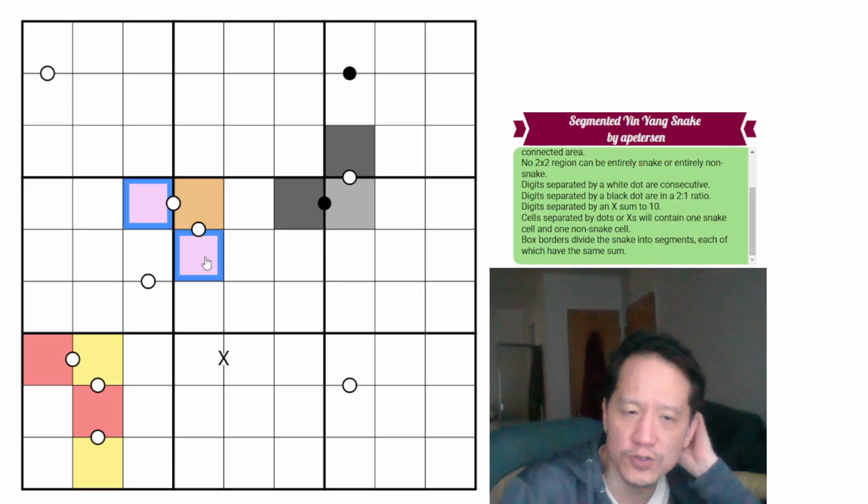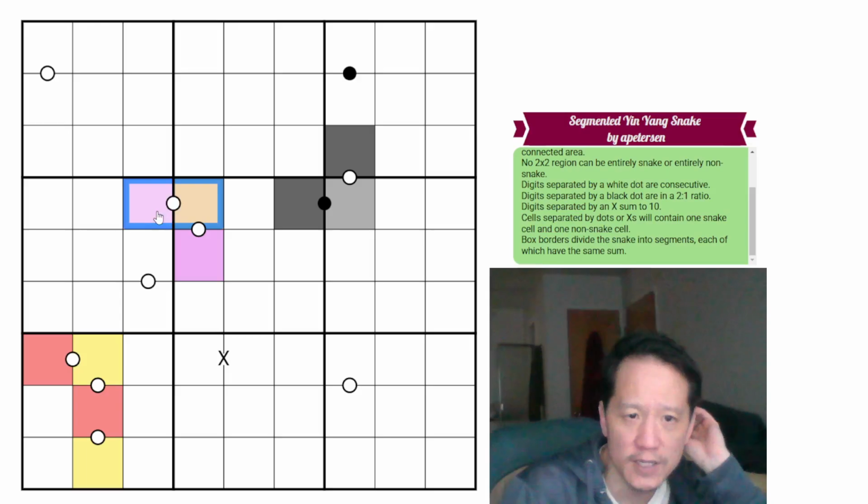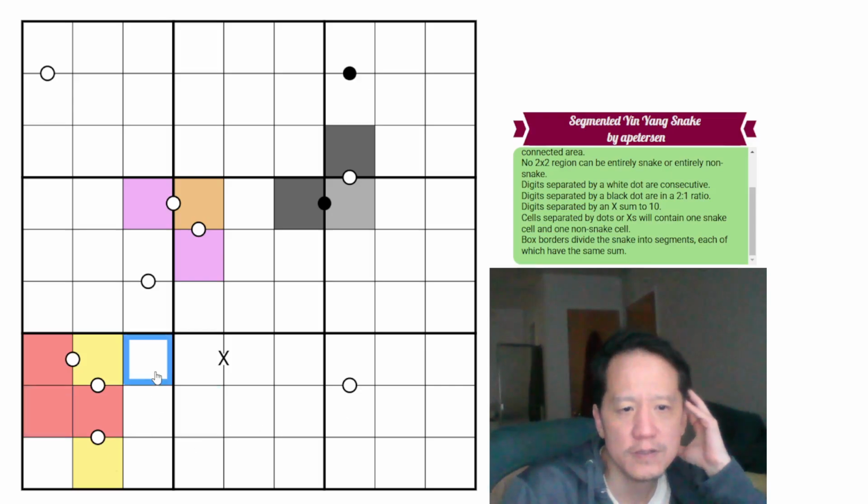Well, what happens if this is the same set as this? The problem is this essentially has to eventually connect somehow to here, and that would necessarily block this from orthogonally connecting to this cell. So that's how you know that in yin-yang puzzles, you cannot have a pattern where these two are the same set and then these two are the same set also. If you have two diagonally connected and you have one that's opposite, you know that the fourth cell in that 2 by 2 area has to be the same as the two that are diagonally the same here. So therefore we know this cannot be yellow, it has to be red. This cannot be orange, so it must be pink, which makes this an orange.